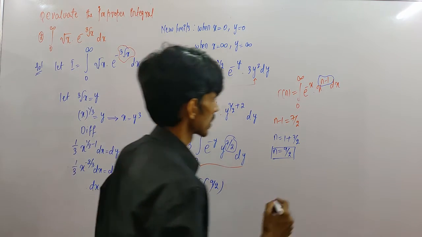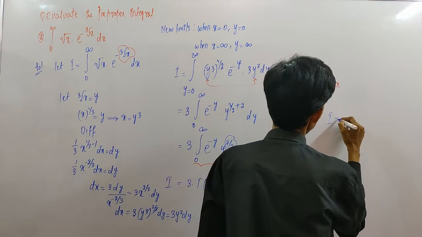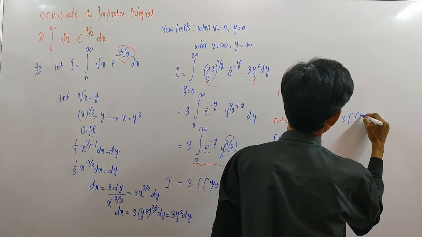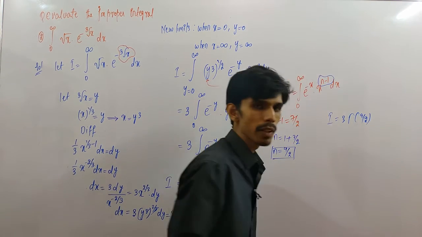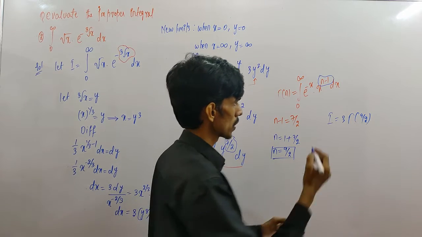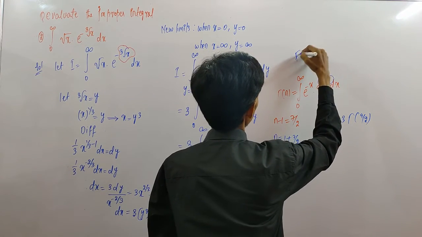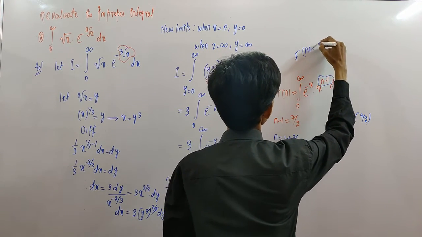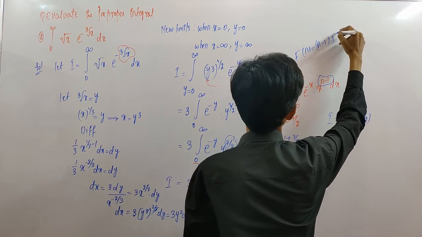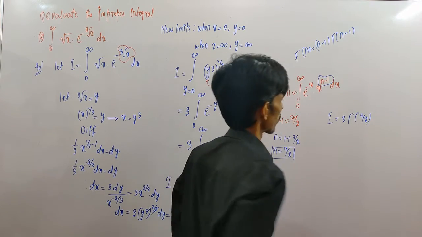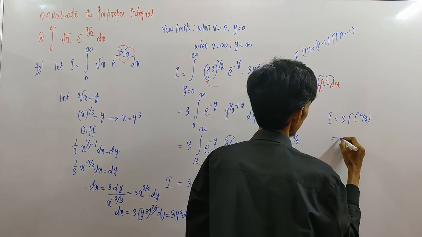Now this integral I equals 3 into gamma of 9 by 2 can be further solved by using this formula: gamma of n is equal to n minus 1 into gamma of n minus 1. So this can be further solved.